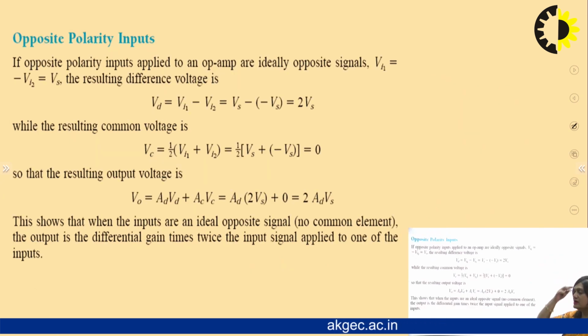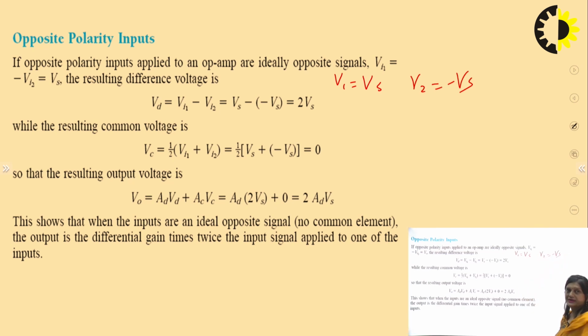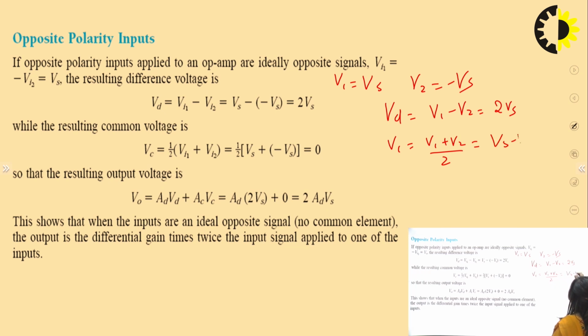After that, opposite polarity inputs. If we have given V1 and V2 with opposite polarity, V1 is Vs and V2 is minus Vs. So what will happen with the output? We can calculate the Vd value, V1 minus V2, it would be 2 Vs, and for the Vc value, V1 plus V2 divided by 2, so it will be Vs minus Vs by 2.